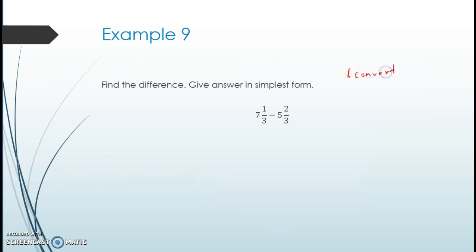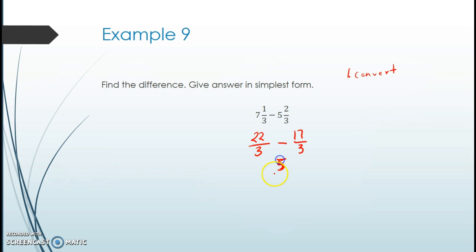Convert. So we're going to take 3 times 7, which is 21, plus 1 is 22 over 3, minus 3 times 5 is 15, plus 2 is 17 over 3. And so then I take 22 minus 17, and we get an answer of 5/3.